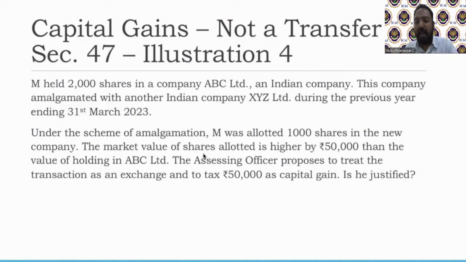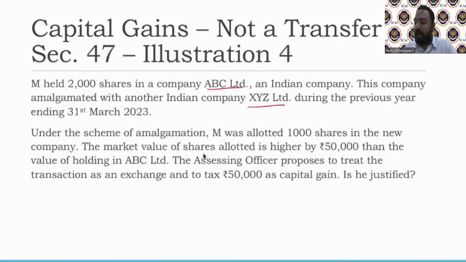So basically, M held 2000 shares in a company, ABC Limited, an Indian company. This company amalgamated with another Indian company, XYZ Limited, during the previous year ending 31st March 2023.